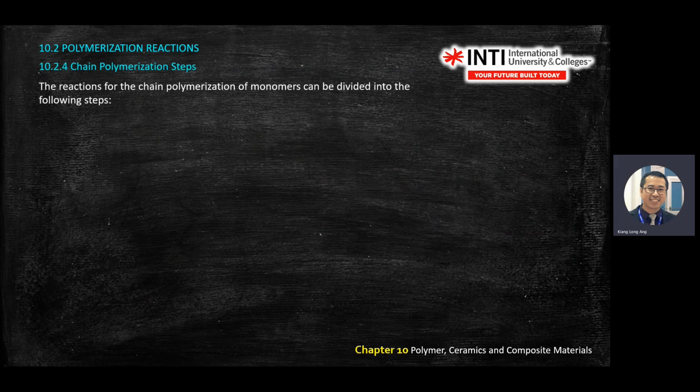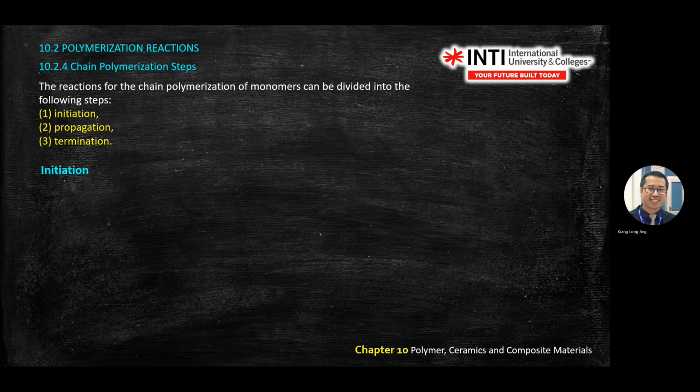Okay. Then how are the polymerization steps? There are a few steps. I give you all. You have 3 types. So this is an explanation question: explain how the polymerization steps start. You have 3 major steps: initialization, propagation, and termination. They must have a starting point, and then the process happens.